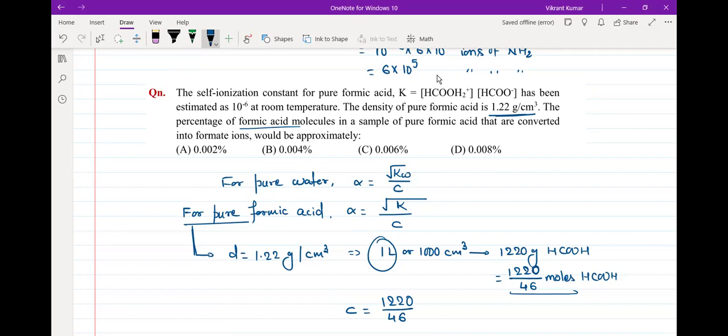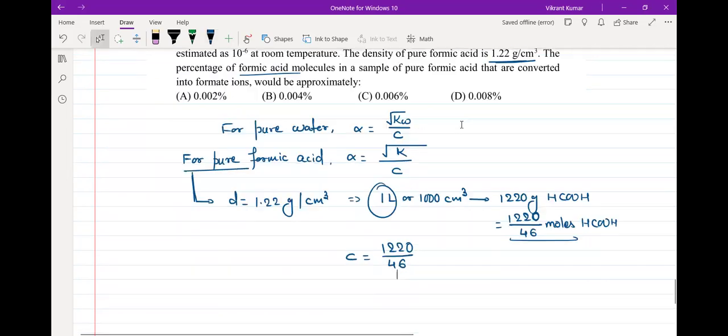And now we have got the K value and we have got the C value. So we are writing alpha will be under root 10 raised to minus 6 upon 1220 upon 46.